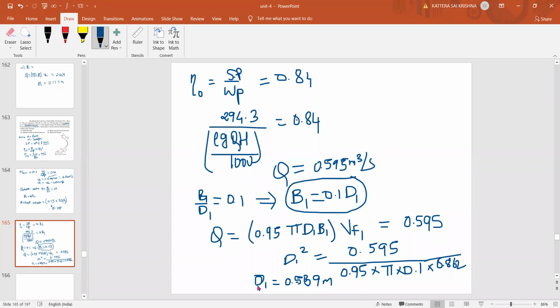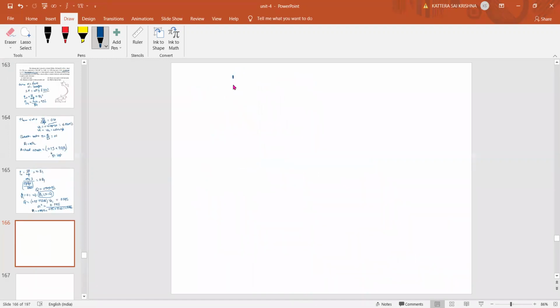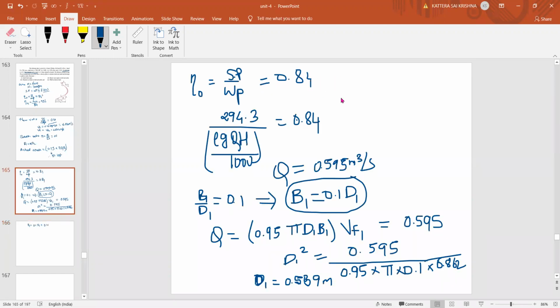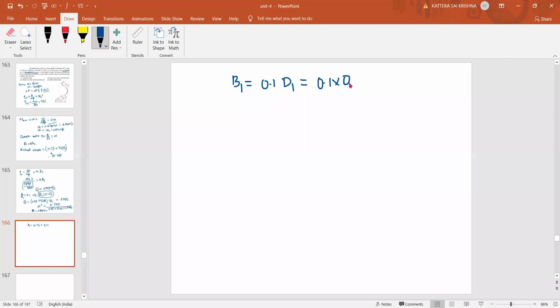Right. So after getting D1, can we find B1 now? Because B1 equal to 0.1 D1. If you multiply D1 with 0.1, you will get the B1 value. So B1 equal to 0.1 into D1, that is 0.1 into what value we got for D1? 0.539.